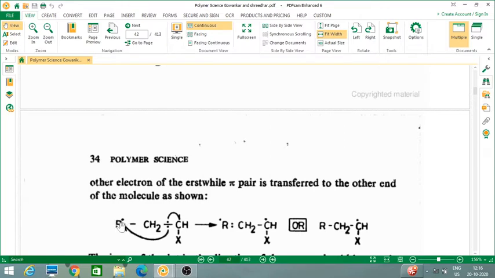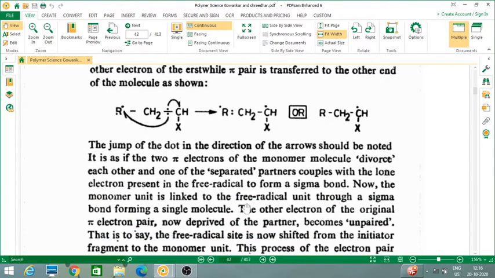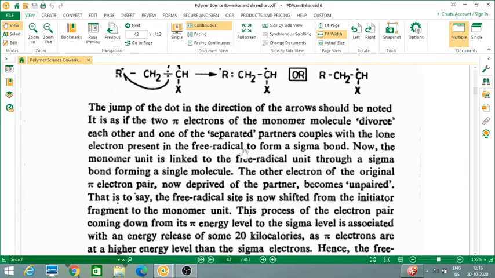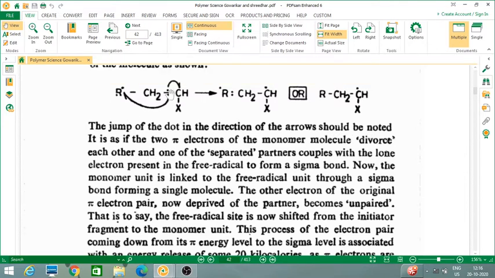So like I said, this radical site is transferred here. The jump of the dot in the direction of the arrow should be noted. So this electron went here and formed a sigma bond, and this went to the other side.